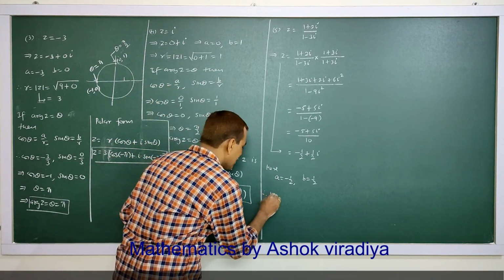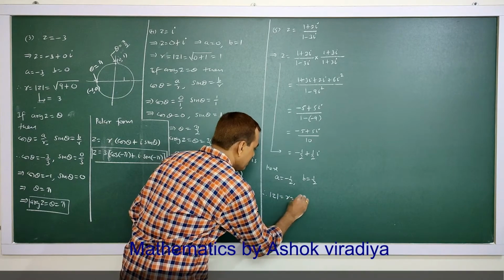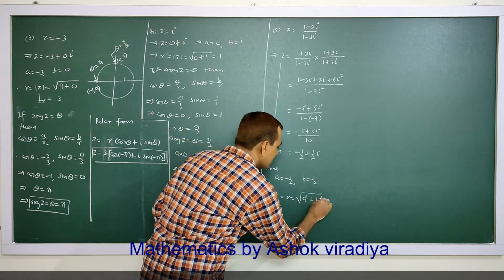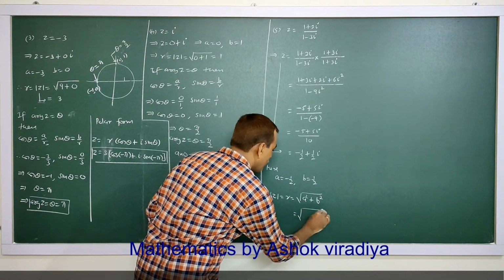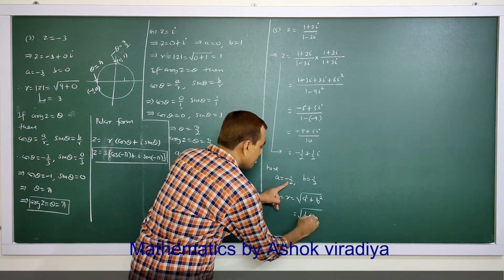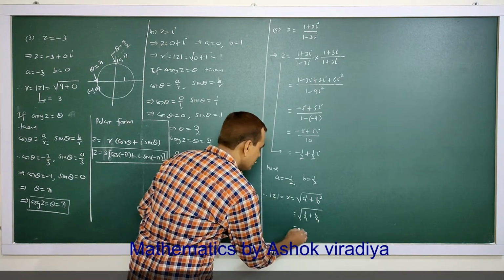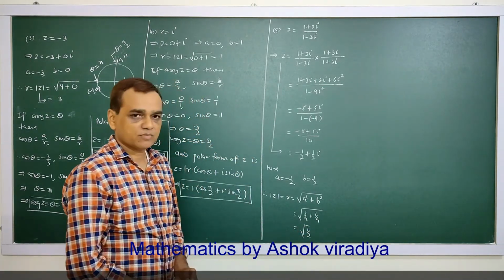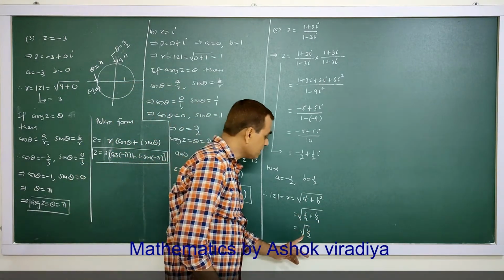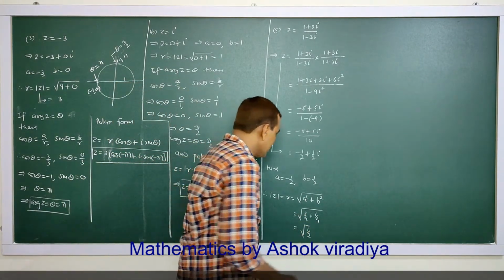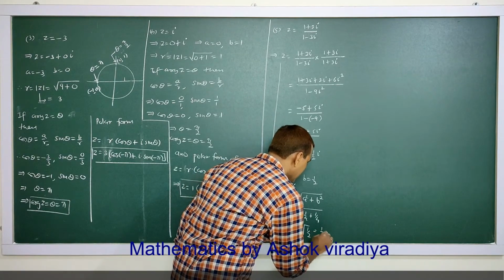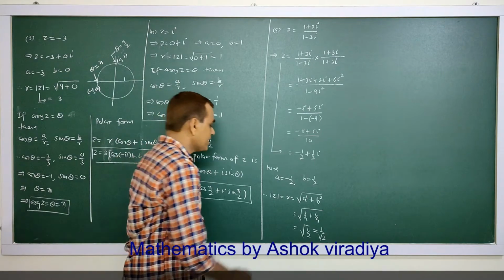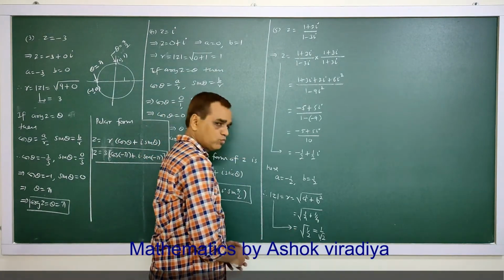So the modulus of z, or r, is root of a square plus b square, that is the square root of 1 by 4 plus 1 by 4, which is 1 by 2. So this is 1 by root 2. The modulus of z is 1 by root 2.